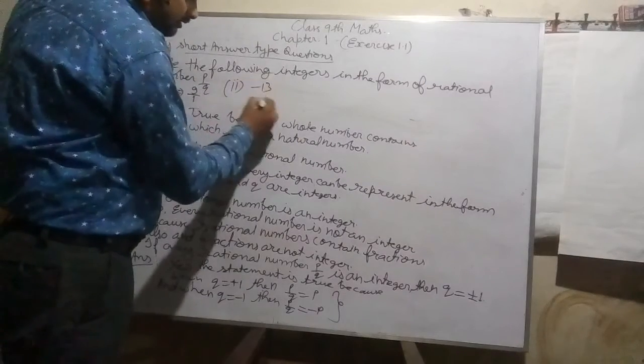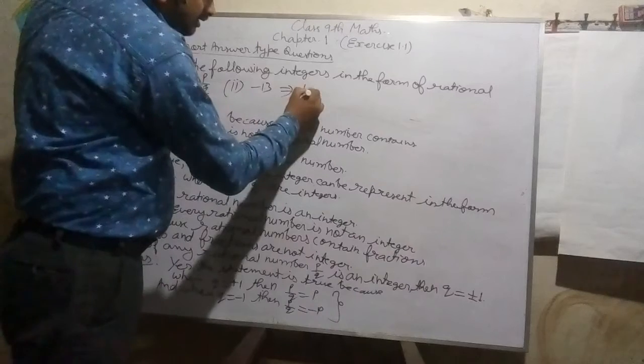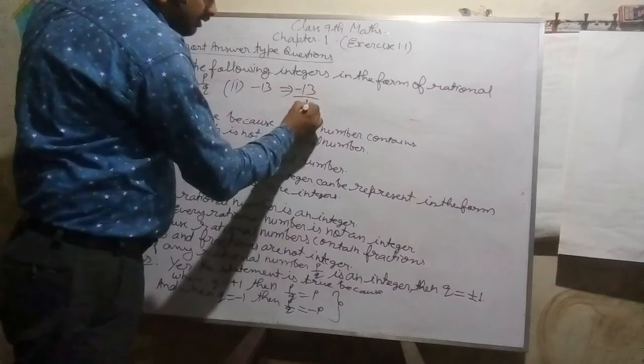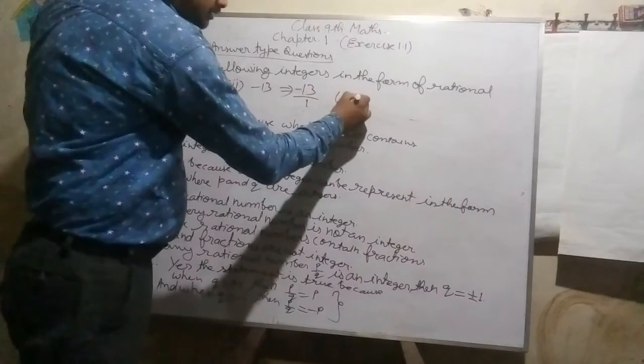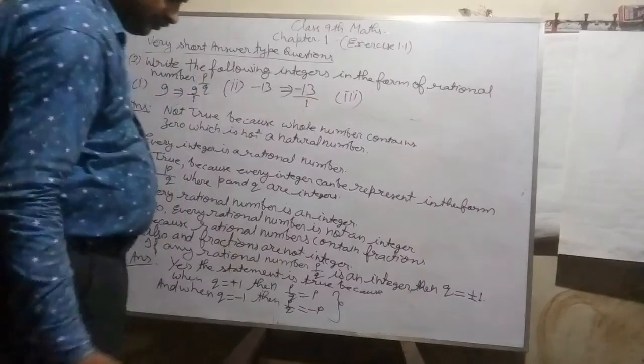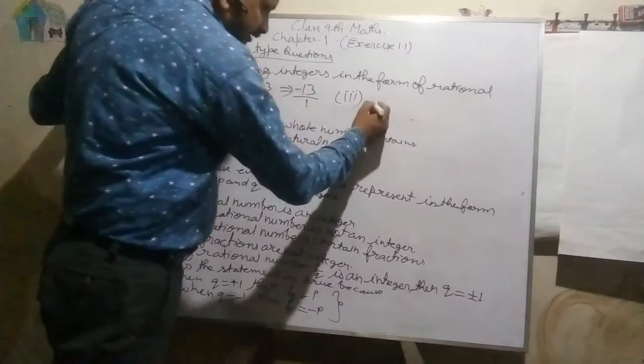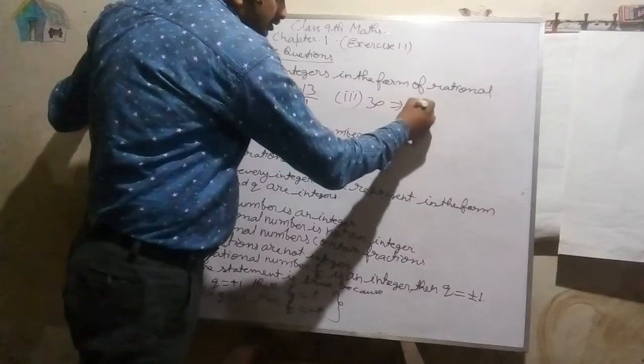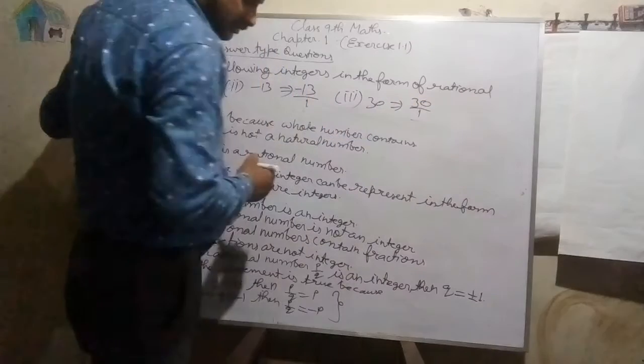Second part, -13 is written as minus 13 by 1. Third part, 30 by 1.